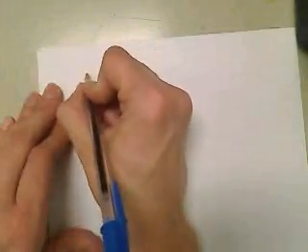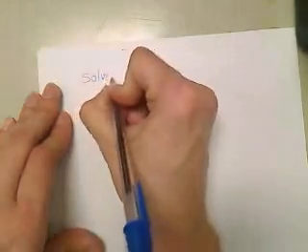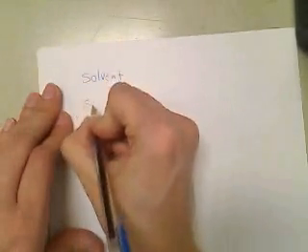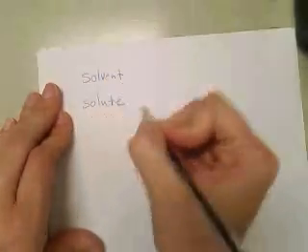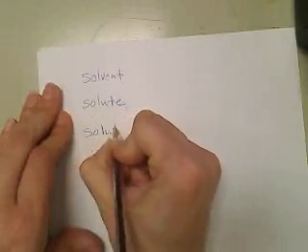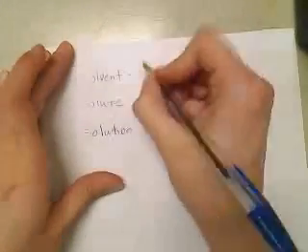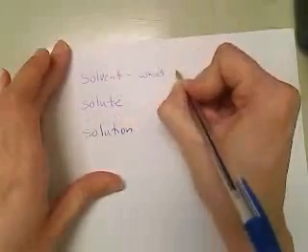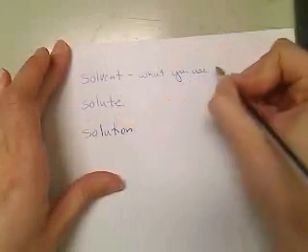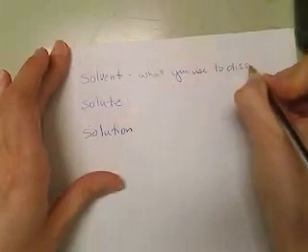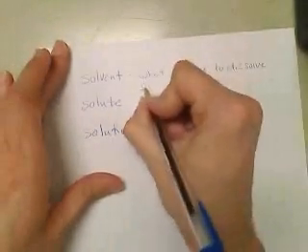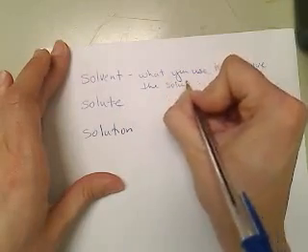All right. So now when we dissolve things in water, there's a couple of definitions you need to know. You need to know solvent, you need to know solute, and you need to know solution. Okay. So the solvent is what you use to dissolve the solute.